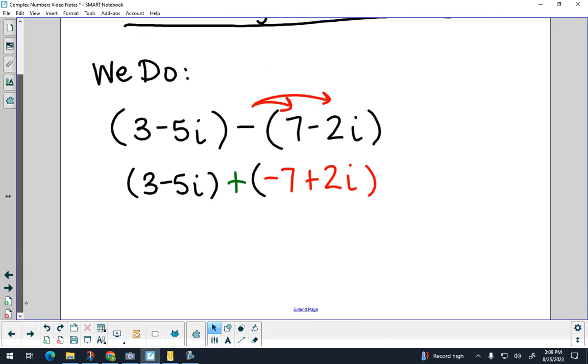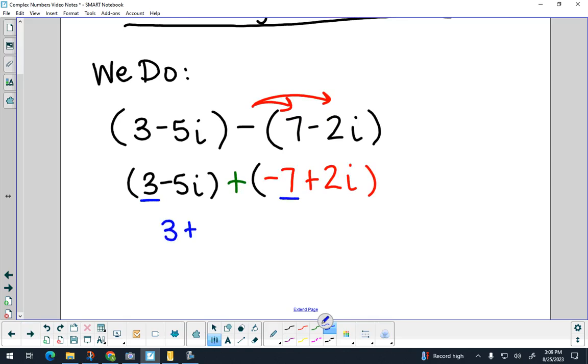Okay? And then you're going to combine your like terms. So this guy with this guy. So 3 plus a negative 7 is equal to negative 4. Okay? And a negative 5i plus 2i is equal to negative 3i.